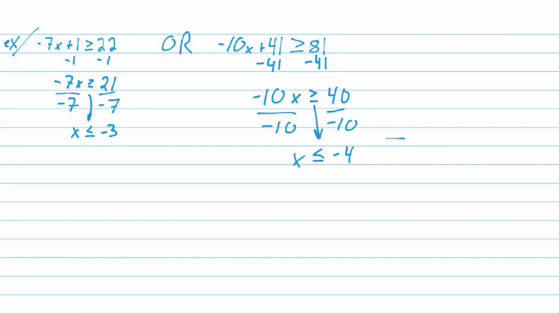So let's think about our solution set. It says x has to be less than or equal to negative 3, or x has to be less than or equal to negative 4. So if we think about that solution set, that number line, that's anything going this way.